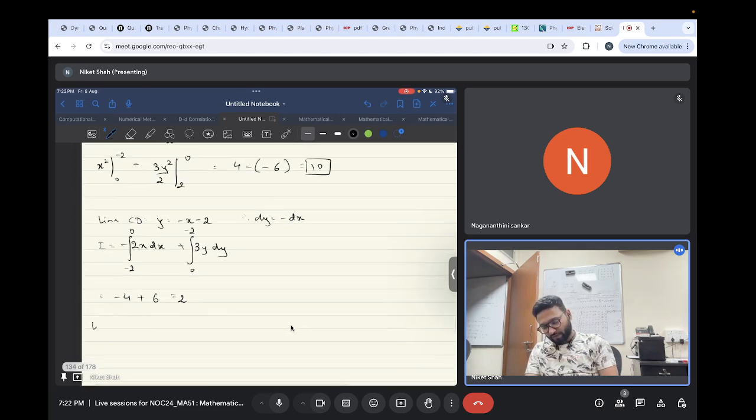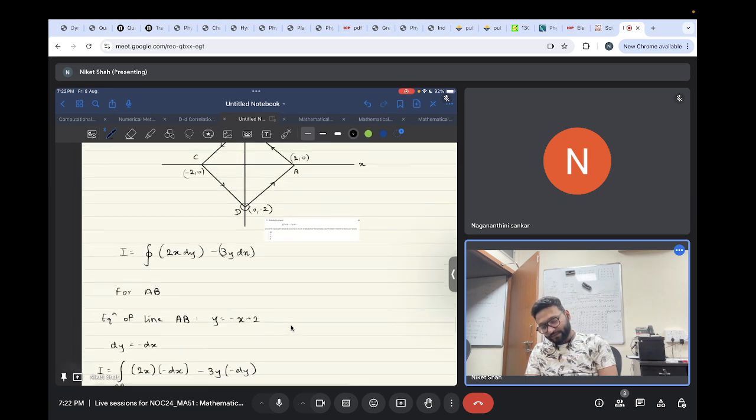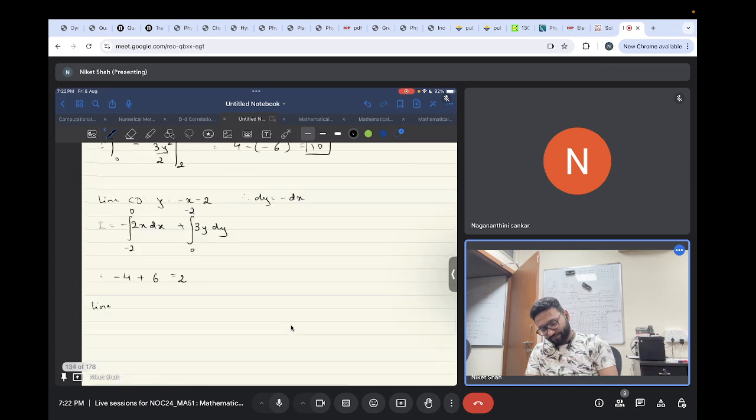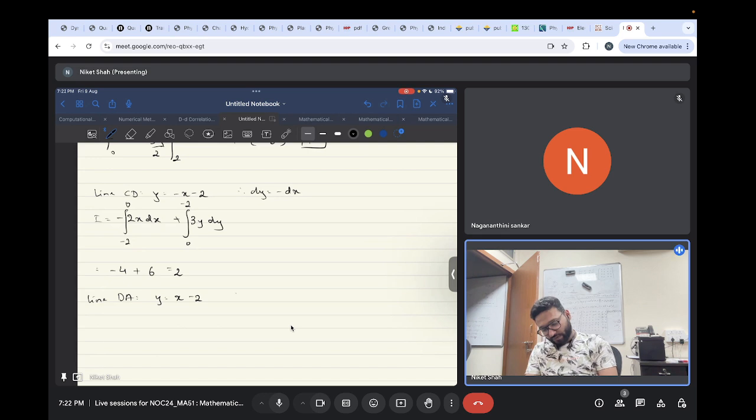Okay, so now along line DA, the equation of the line will be y is equal to x minus 2. So therefore dy is equal to dx. I becomes equal to integral 2x dy becomes dx. The limit is 0 to 2, right?